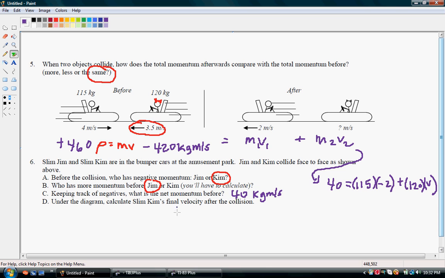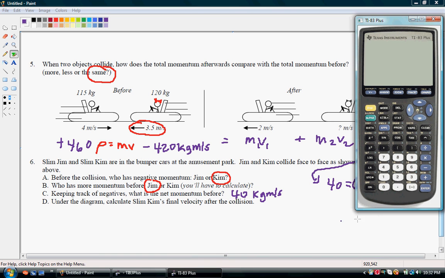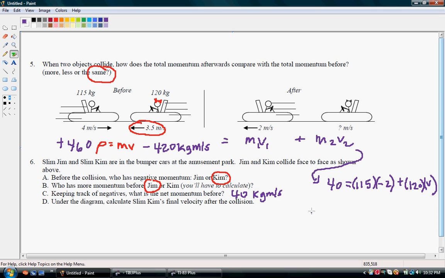Alright, so 115 times negative 2 is equal to negative 230. So 40 equals negative 230 plus 120 times Kim's new velocity. So we can add 230 to each side. And we get 270 on the left.